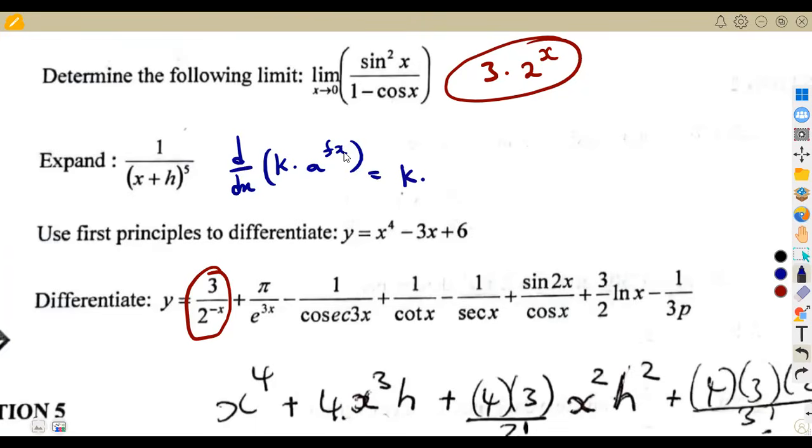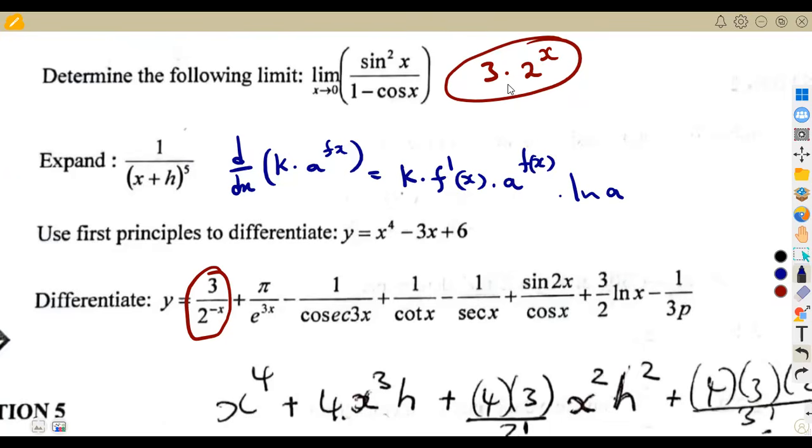You find the derivative of f of x, so it's the first derivative of f of x, times a to the exponent of f of x as it is, times the ln of a. This is how you find this derivative: k times the first derivative of f of x, a to the exponent of f of x, then the ln of a.